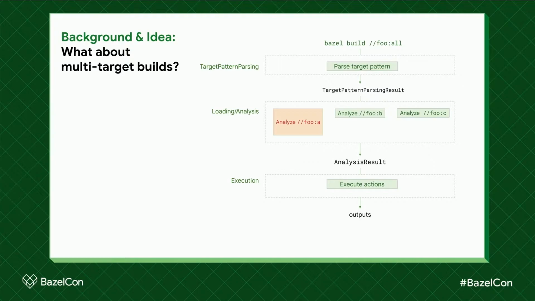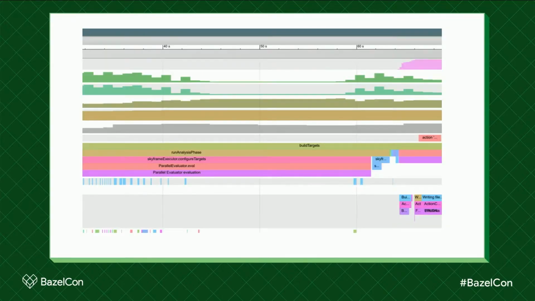But what if, let's say, target A takes a lot longer than B and C to be analyzed? What do we do with the knowledge of B and C that's already available here? Yep, nothing. We just wait, and it's actually observable in one of the JSON profiles that we have here. At the top left corner, you have the CPU counter, which tells you the CPU utilization throughout the build.